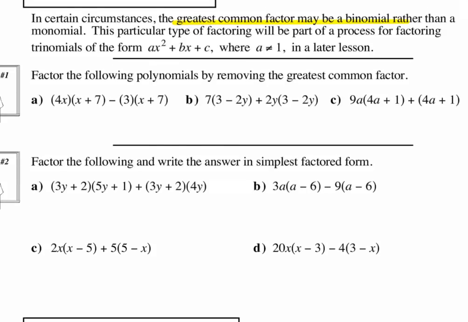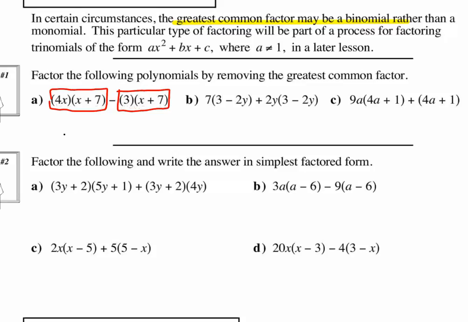What I want you to do is expand your mind a little bit and think of this 4x times x plus 7 as one term and 3 times x plus 7 as another term. Why? Because terms are separated by plus and minus. What is common with those two terms? An x plus 7.